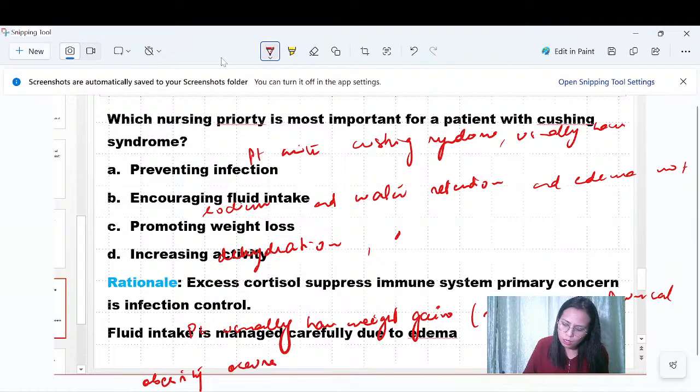So this is not an immediate priority compared to infection. And the last option is increasing activity. Patients often have muscle weakness and fatigue. Activity may be encouraged gradually, but it is not the priority problem.